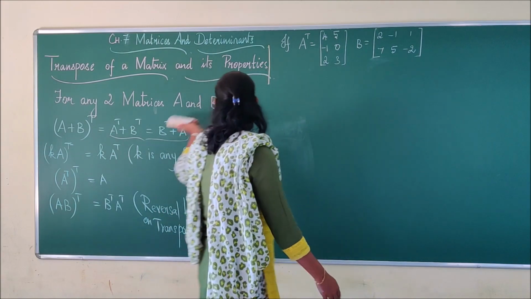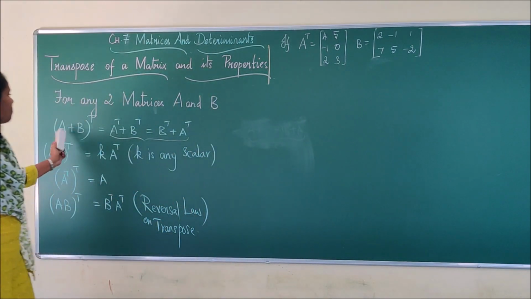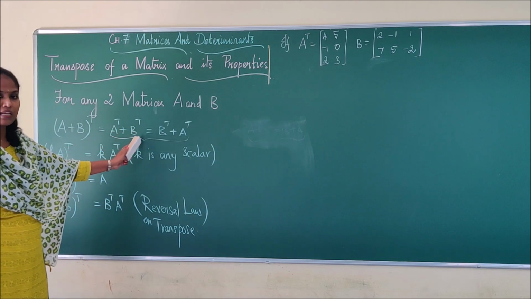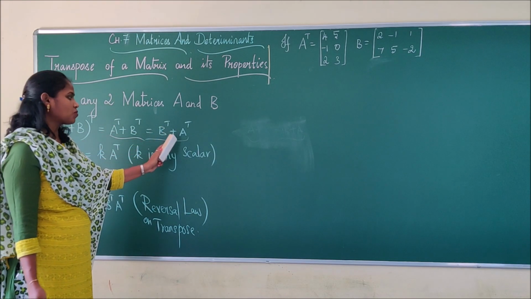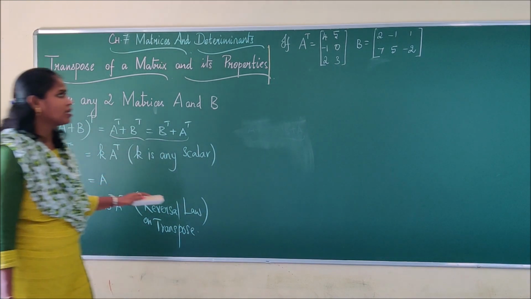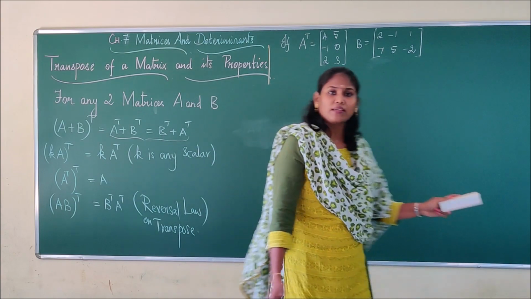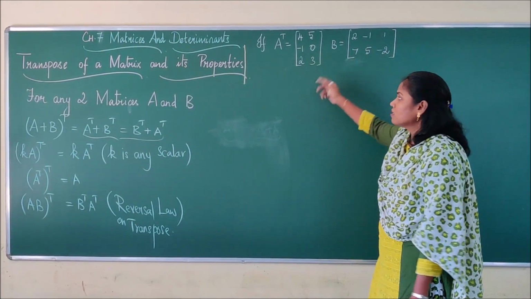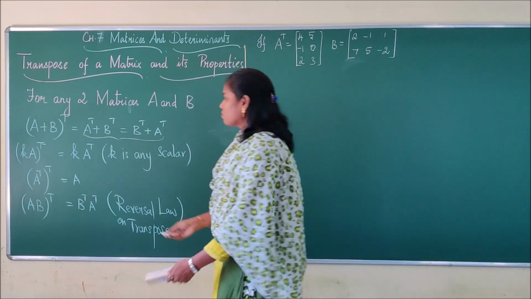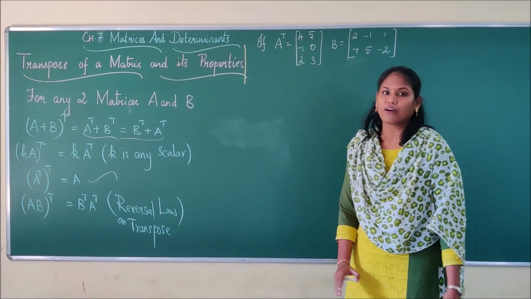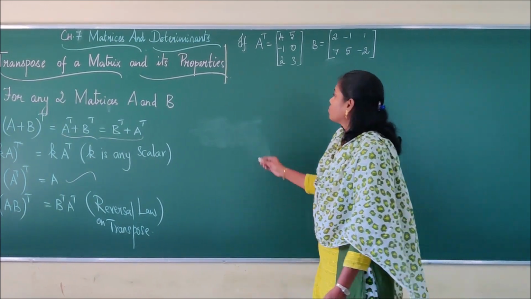Okay. So first, what is given? I have A plus B the whole transpose is equal to A transpose plus B transpose equal to B transpose plus A transpose. See, I have A plus B the whole transpose here, but what is my question here? I have A transpose, not that A. Okay. So first, what I am going to do is using this property, I am just going to find the transpose, right? So what is my A?